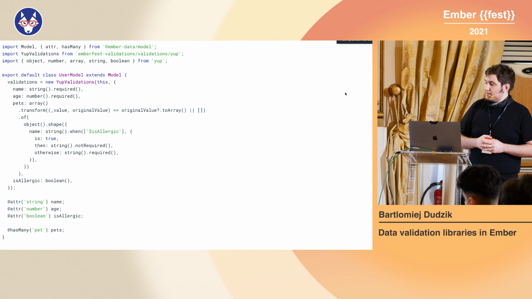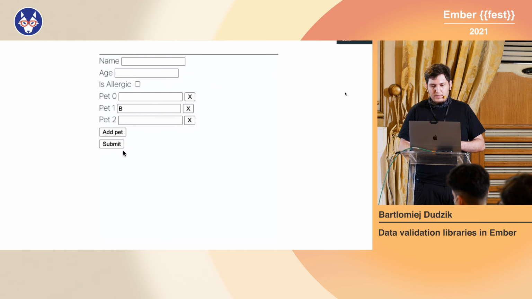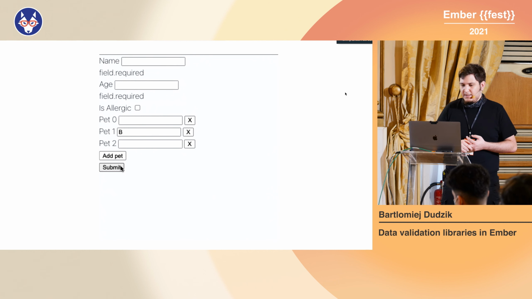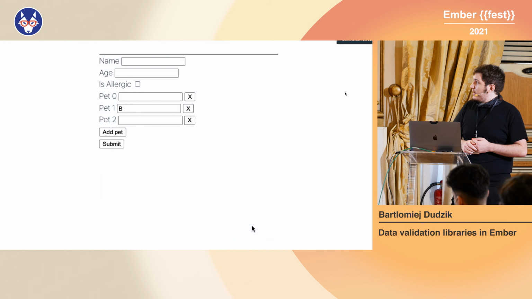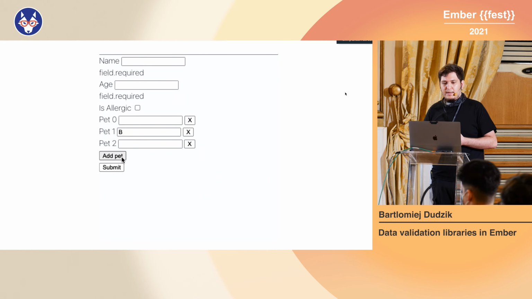And we also pull the is allergic into the shape of a user, but to access the is allergic property, we'll need to pass the properties again as a context, so we can reuse that in the more nested shape that we have for pets. So now, as you can see, if a user is allergic for whatever business reason, we either require or not require the name of a pet.